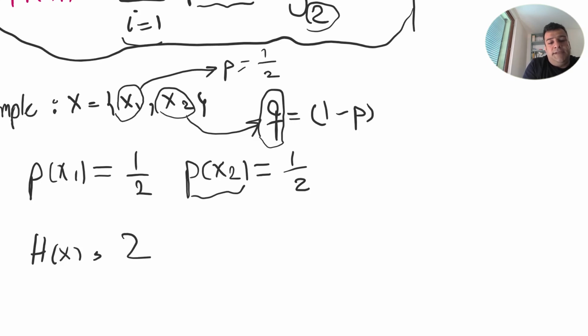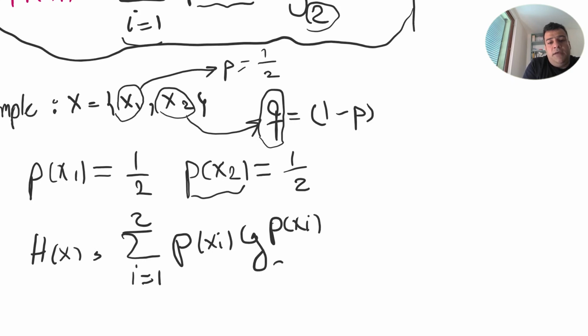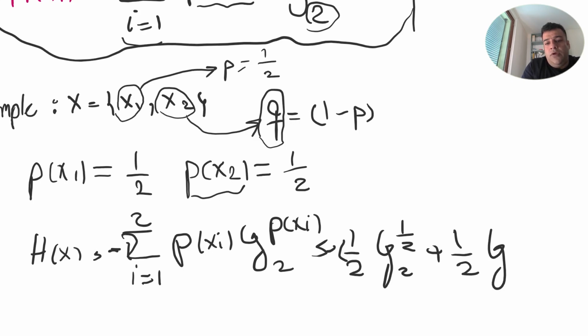H(X) is the sum over i from 1 to 2 of P(xi) log P(xi) in base 2, with a minus outside. It is 1/2 log 1/2 in base 2 plus also 1/2 log 1/2 in base 2.